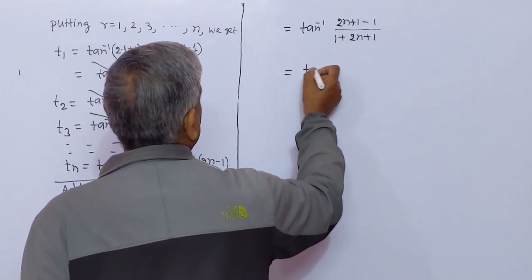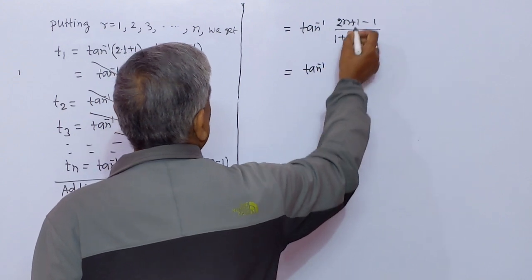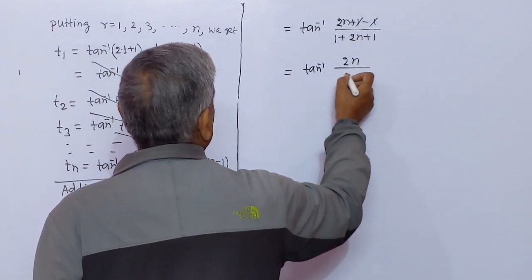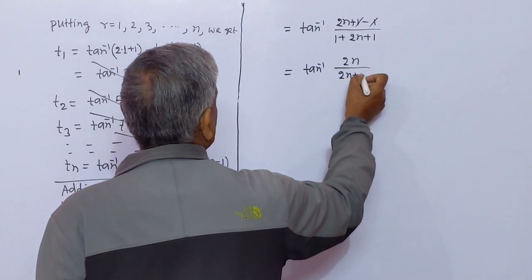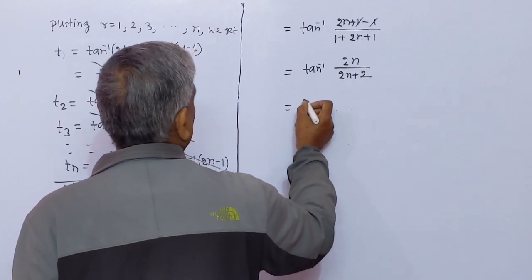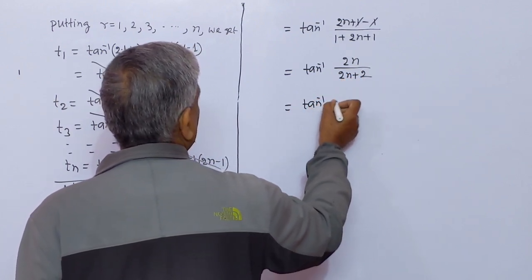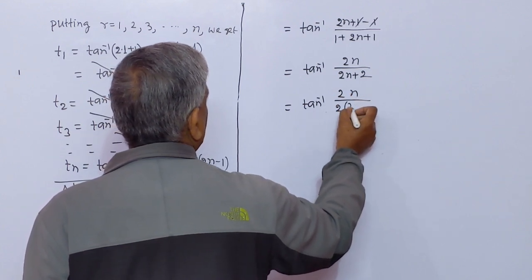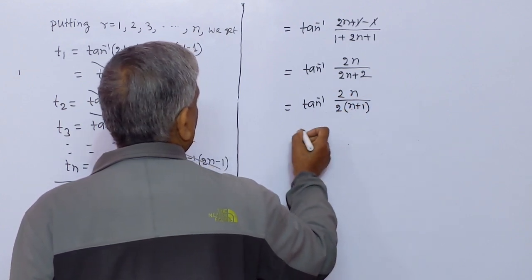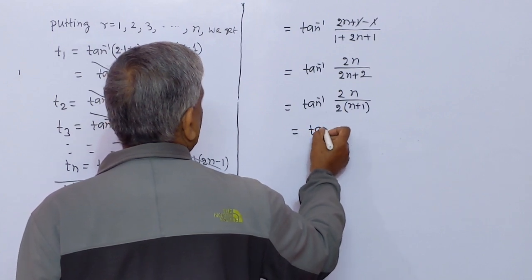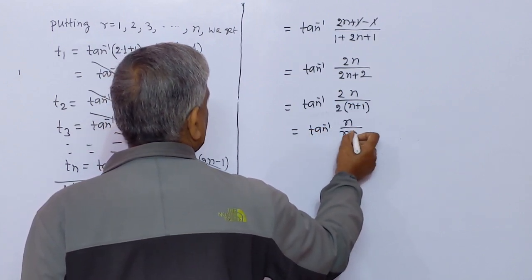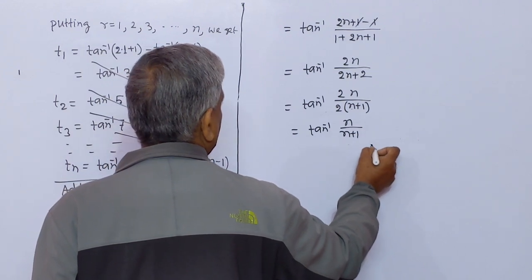This is equal to tan inverse, plus 1 minus 1 cancel, 2n. Here 2n plus 2. This is equal to tan inverse 2n, here we take common 2n plus 1 out. And this is equal to tan inverse 2 cancel n by n plus 1. This is the required answer.